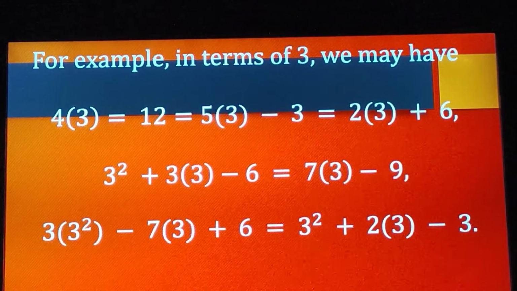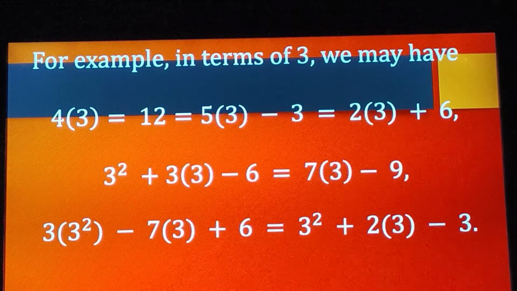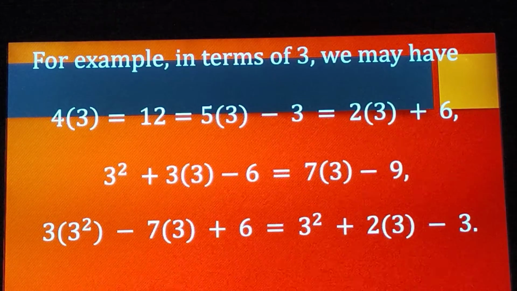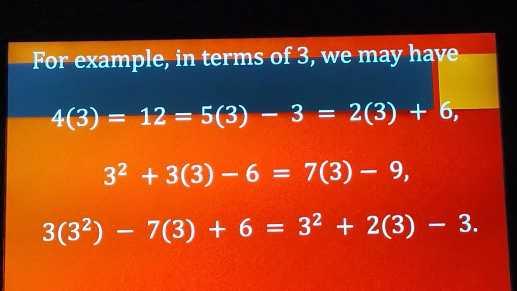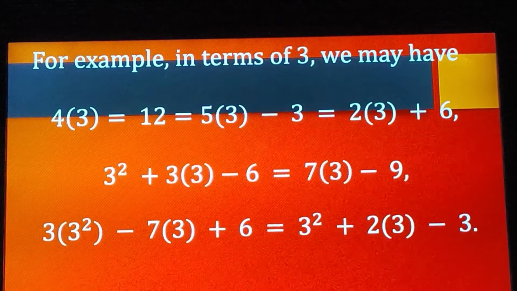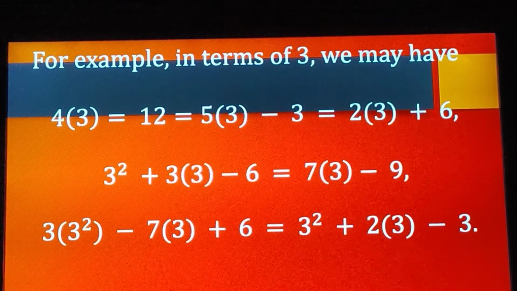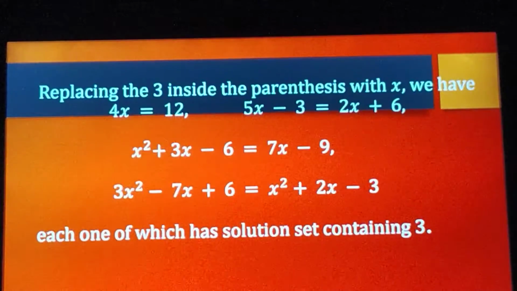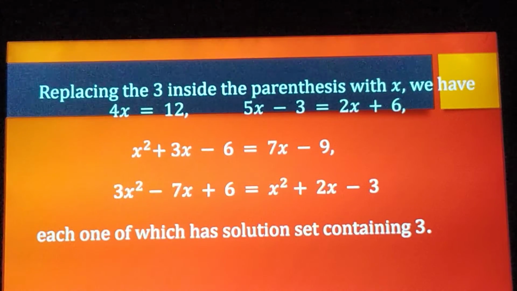Or 3 times 3 squared minus 7 times 3 plus 6 on the left side, and 3 squared plus 2 times 3 minus 3 on the right side. Still 12 equals 12. Now, replacing the 3 inside the parentheses with x, we have the first one is 4x equals 12.